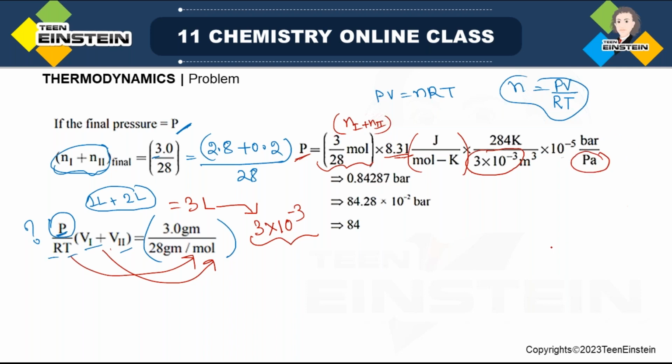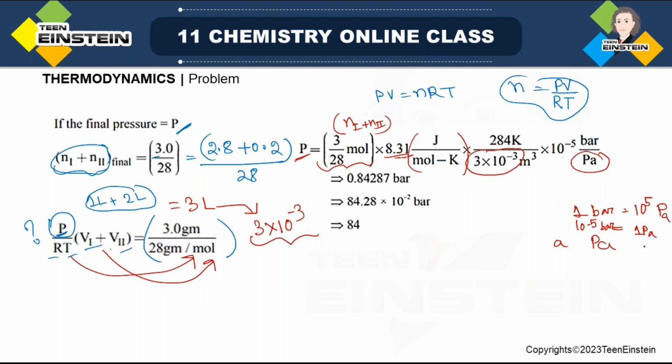But direct unit conversion is done here. So suppose you have obtained it as, I'm saying, A Pascal. But we know 1 bar is equal to 10 to the power 5 Pascal. So if 1 Pascal is the unit, that is actually equal to 10 to the power minus 5 bar.